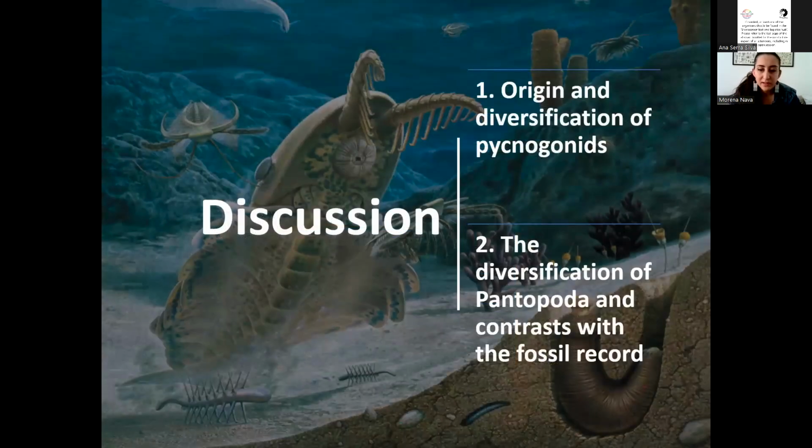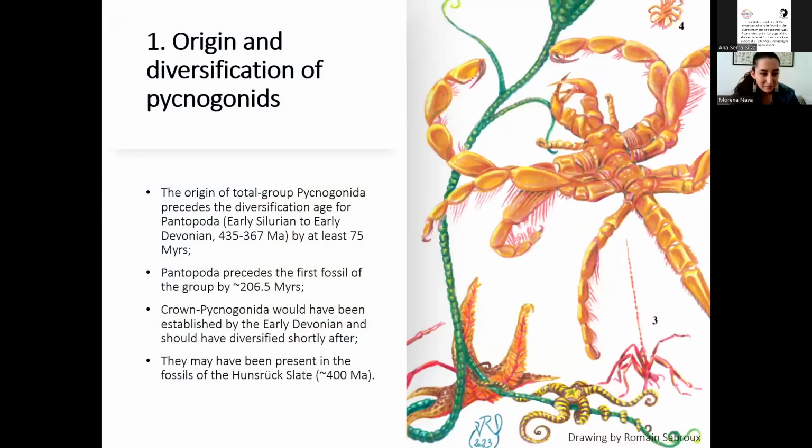So with these results in our hands, what can we say? We can say many things, but first of all, we want to have a look at the focus of this research, which was to try to understand what happened in their evolutionary history in terms of total group, in terms of families, in terms of relationships between the ages of the families.